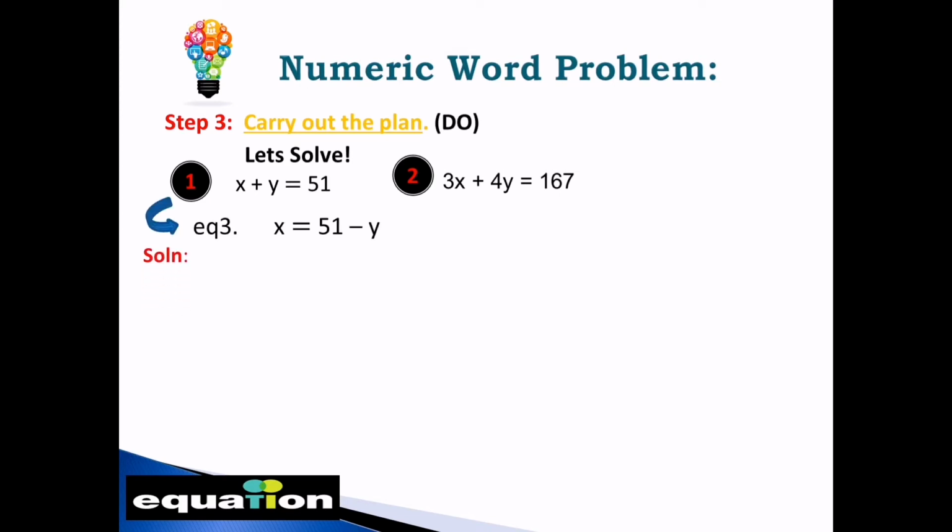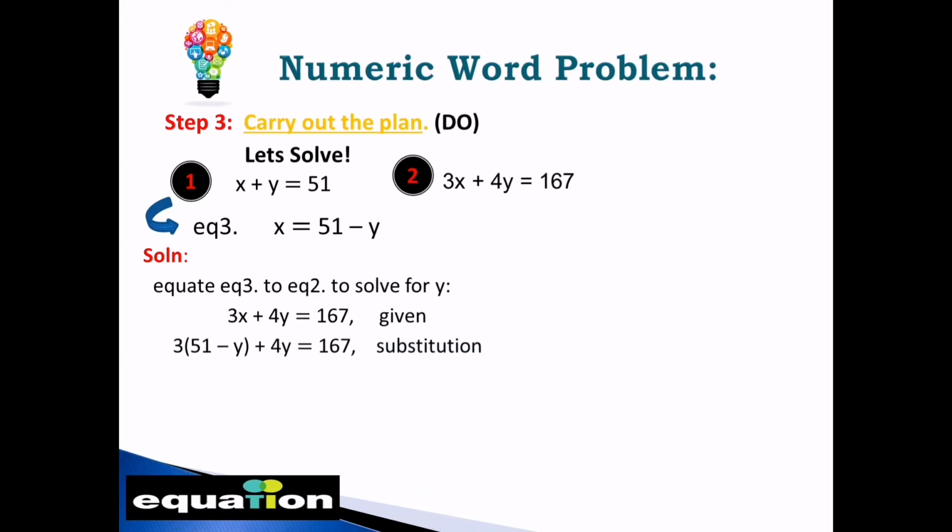Simply transpose y to the other side, it becomes negative. That is how I am able to get the equation 3. So I am going to equate equation 3 to equation 2. That would be the solution. And just bring down equation 2, part of the given, and substitute the value of x by 51 minus y we have here by substitution.